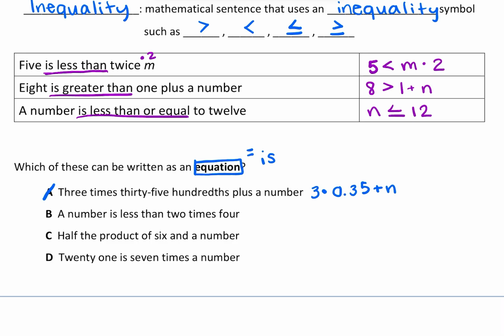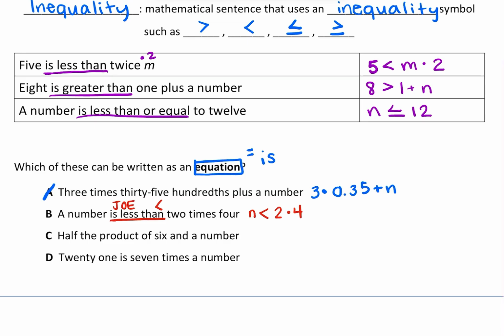Okay, B, a number, so we have an is, but it says is less than. So remember, that's an inequality. So a number is less than 2 times 4. So that's really our giveaway, because it has an is, but it's an is less than.